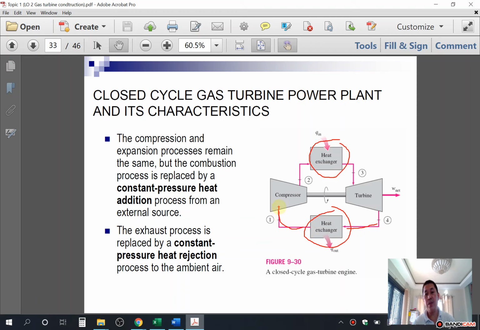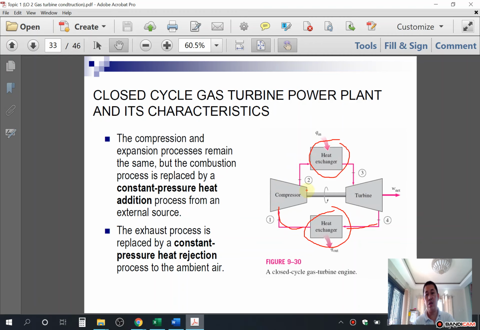Unlike the open cycle, where your compressor takes suction from the atmosphere, here it is all exhaust gas entering through the heat exchanger, then back to the compressor as per this diagram. After the compressor, it will discharge again to the heat exchanger here, then go back again to the turbine. So this is the closed cycle.